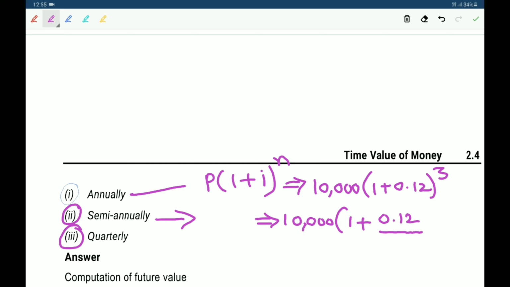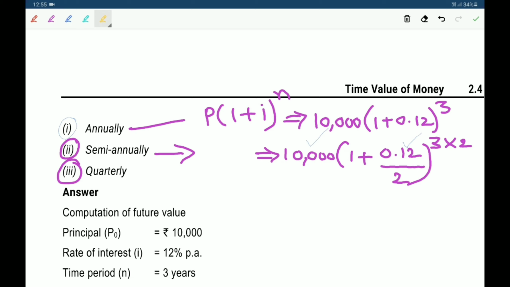Semi-annually means 6 months, that means in a year 2 times. That means by 2, and by how many years? 3 years, and also how many times compounded in a year? 2 times. That means 10,000 into 1 plus 0.12 by 2 into 6.